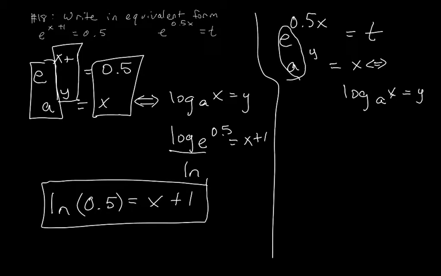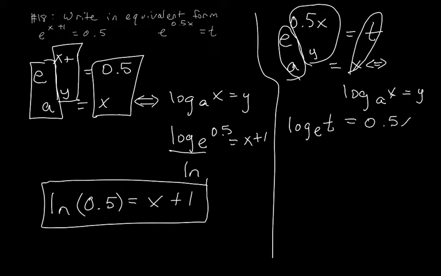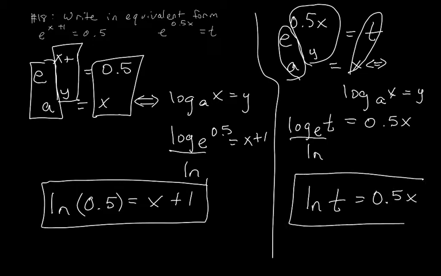We say a matches to e, so log base e. x matches to t, log base e of t. And y matches to 0.5x. So that's a natural log. So our answer is natural log t equals 0.5x. Easy peasy.